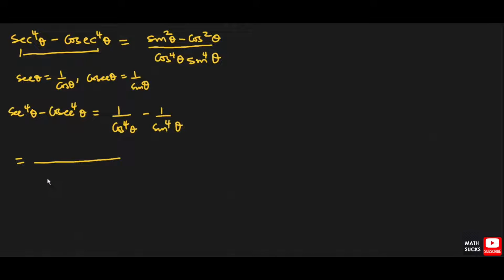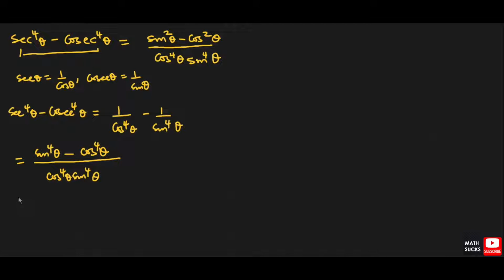This is going to give us cos^4 theta sine^4 theta, and if we rearrange, putting everything on the same denominator, this by that, cos goes, and we remain with sine^4 of theta minus this divided by that, sine will go, and then we have cos^4 of theta.